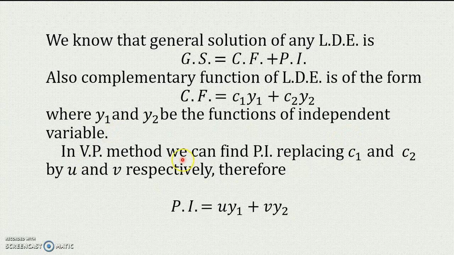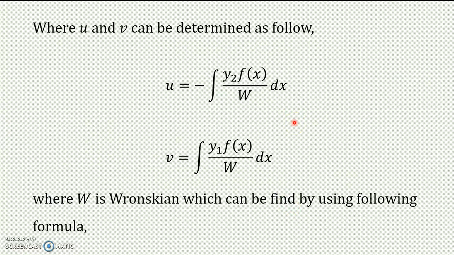In the VP method, we find the particular integral by replacing c1 and c2 by u and v respectively, so the particular integral is of the form u y1 plus v y2, where u and v can be determined by using these formulas.